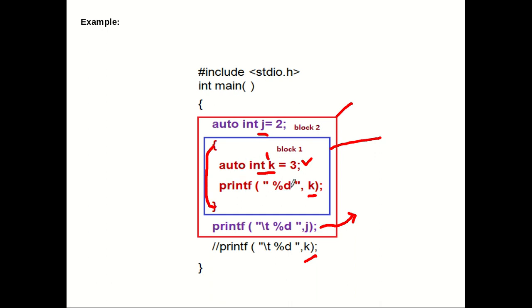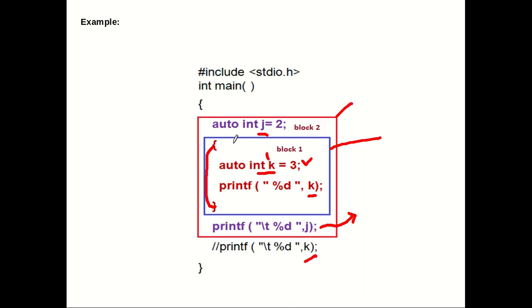As I said already, any number of times you can access the value of k within this block, and you can also perform operations using the variable k. But here we are accessing the value of k outside this block, hence k is not available. So whenever we execute this program, an error will occur.